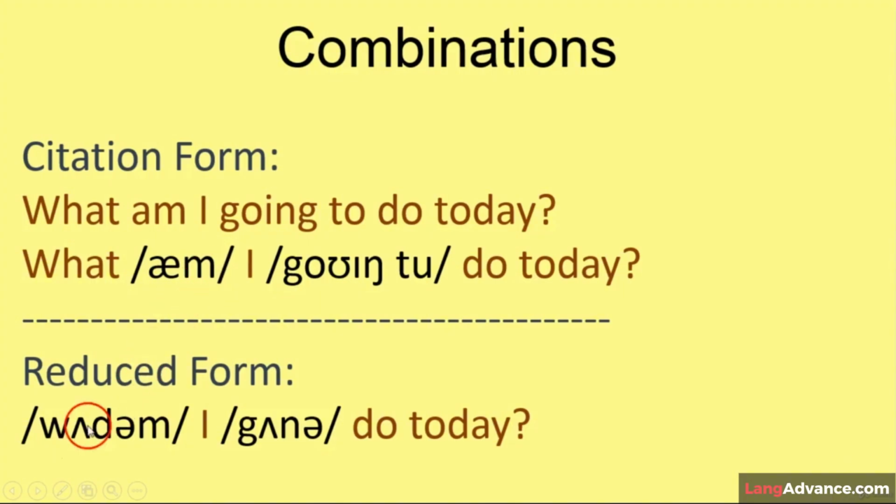What am becomes what'm, and going to becomes gonna, and together in the same sentence we say, what am I gonna do today? So let's practice. Repeat after me. What am I gonna do today? And faster. What am I gonna do today?